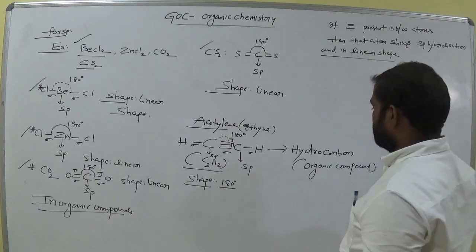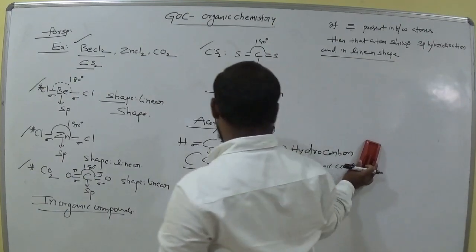Okay, direct. If a triple bond is there, that is sp and linear. Remember this.